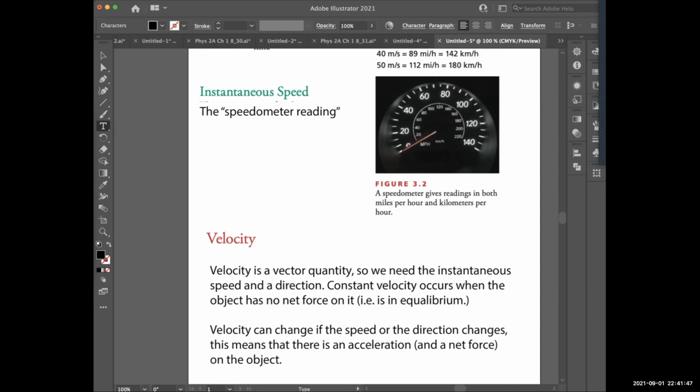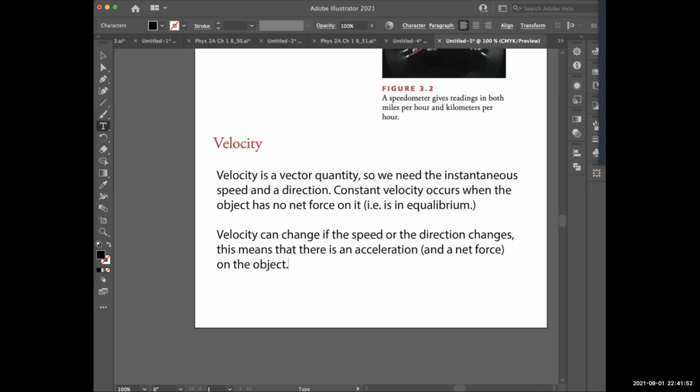All right. Let's do an example of a cart going in a circular track with a constant speed. Is the velocity constant?